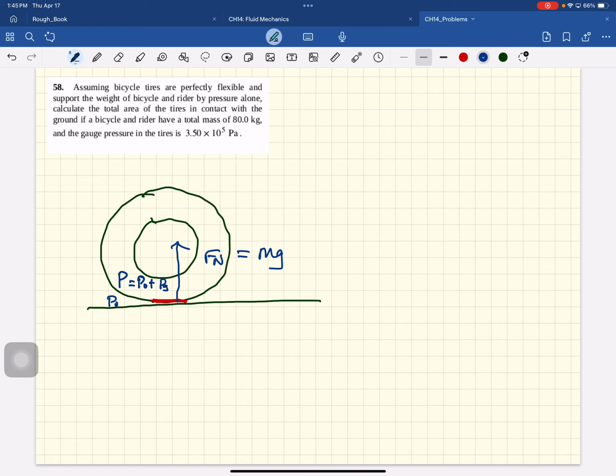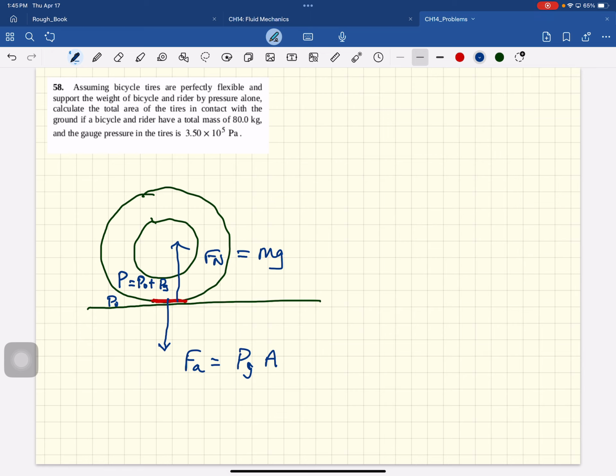This piece of rubber is not going anywhere. The net force on it is 0. So the gauge pressure on this thing, the force due to the air, which is the gauge pressure times the area, should match that.